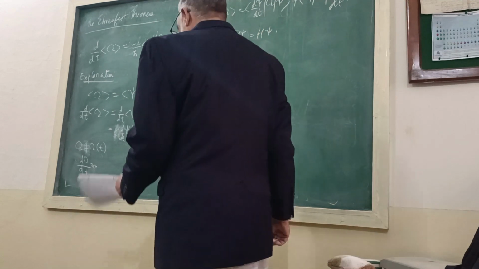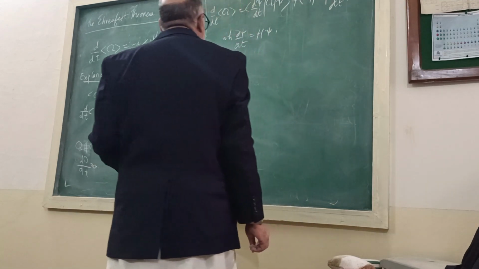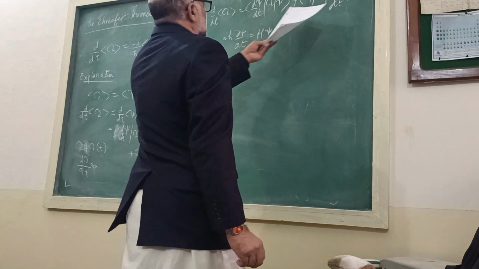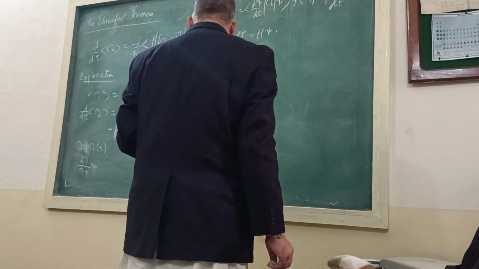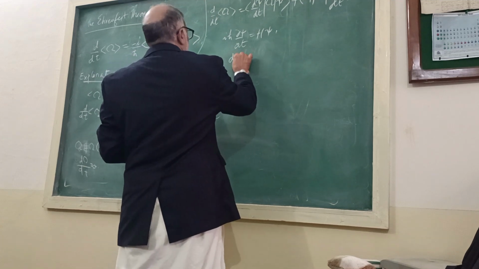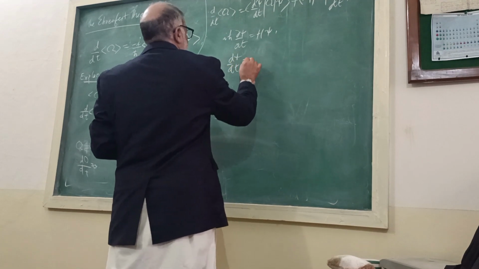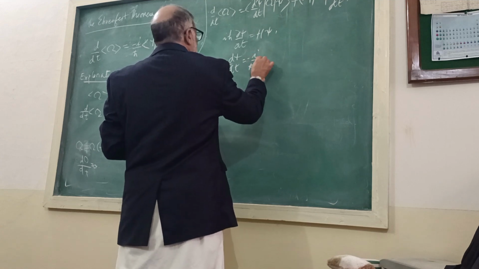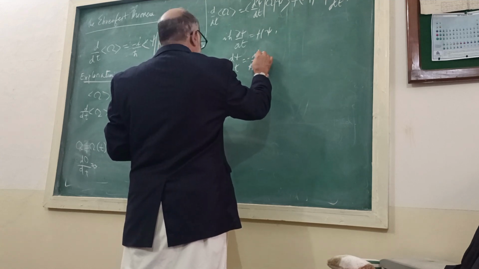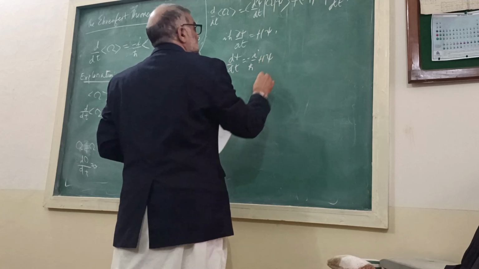So d psi by dt is equal to minus i by h cut H psi.